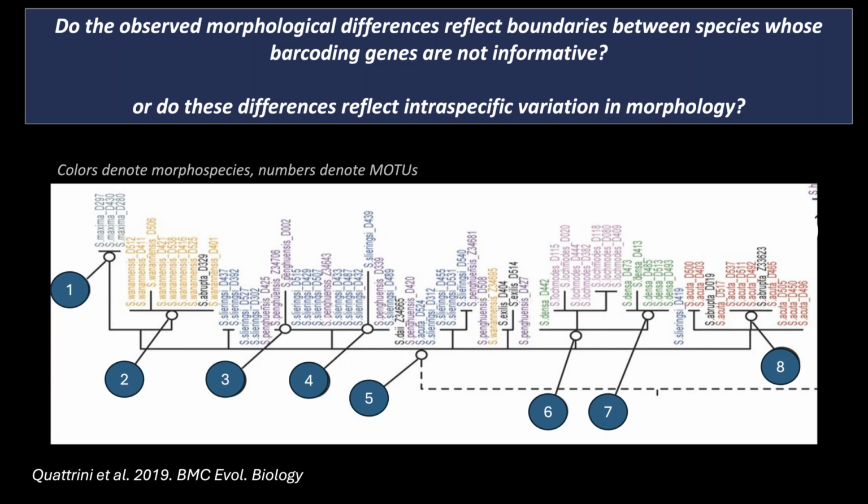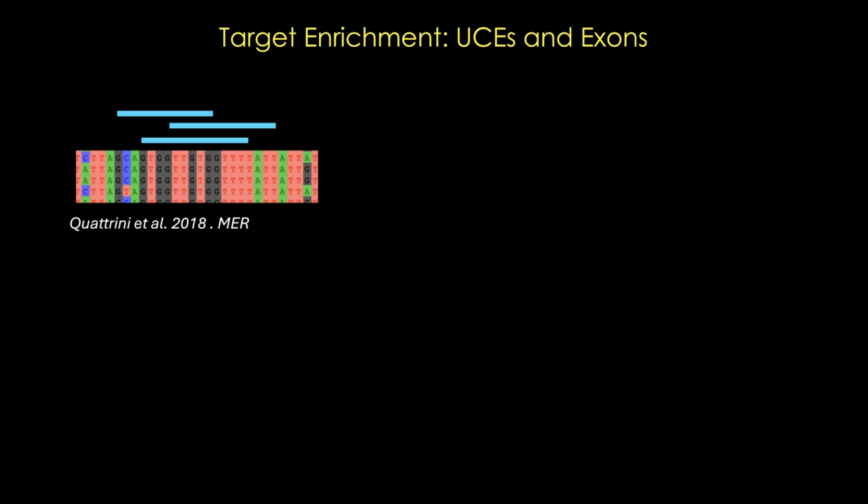And we sought to answer this question by using a new approach. We also have dabbled in RAD sequencing, which I'm sure many of you know, but we have really been using target capture enrichment of ultra-conserved elements and exons for a variety of reasons.